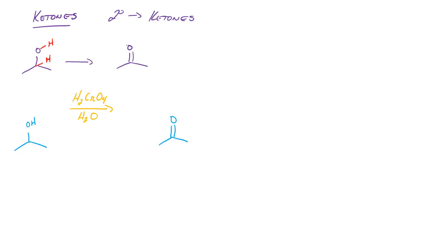Next thing we can have around is something called PCC. PCC stands for pyridinium chlorochromate. So let's just draw that out real quick. We've got a pyridinium, which is the protonated form of pyridine, so N has a positive charge.